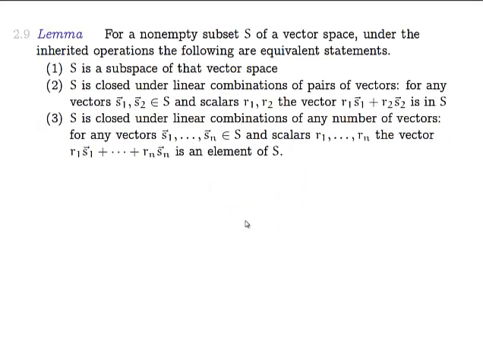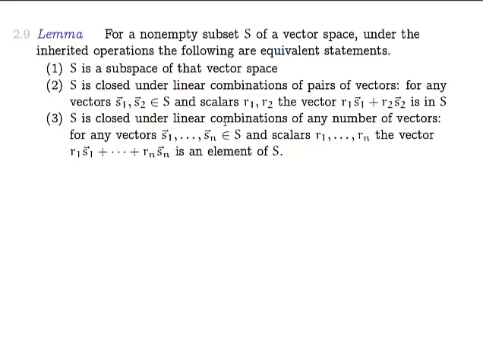So here's the result that we referred to earlier. In order to show that a subset is a subspace, you only need to show a couple of things. For a non-empty subset S of a vector space, under the inherited operations, the following are equivalent statements. S is a subspace. S is closed under linear combinations of pairs of vectors.